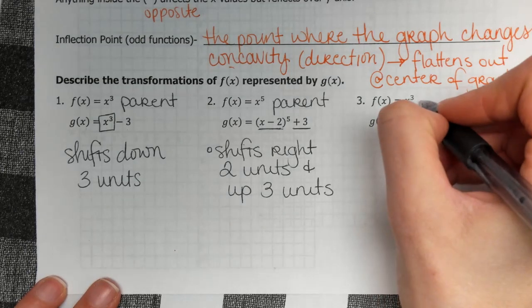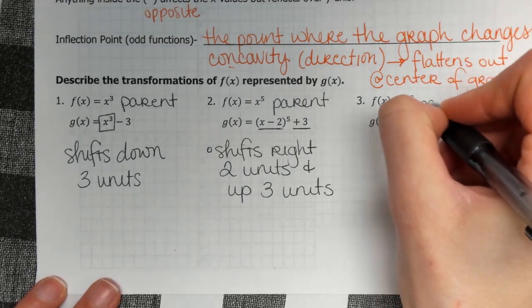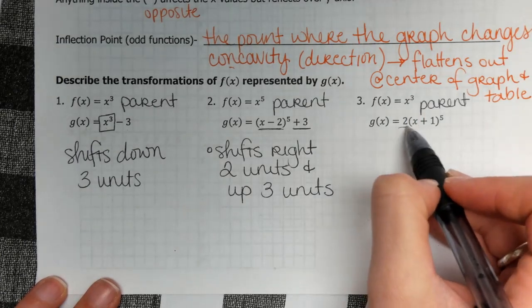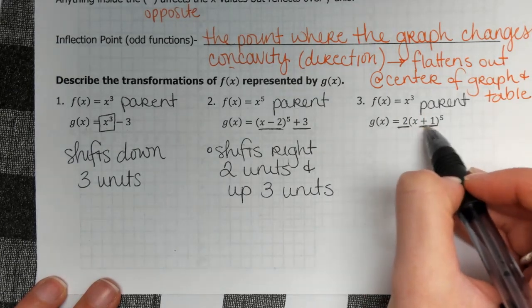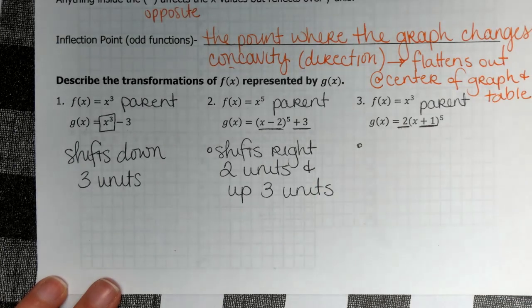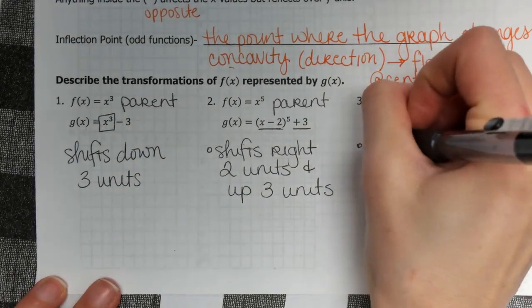Y'all good with that? So my parent function is x cubed. Now I have a 2 in front of my parentheses, and inside parentheses I have an x plus 1. So what does this 2 tell me? Is it happening to my x or my y? It's on the outside of parentheses, so it's my y. So it's a vertical. Whatever it is, it's vertical.